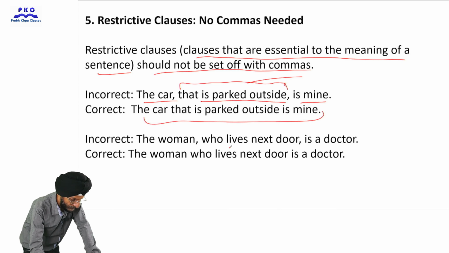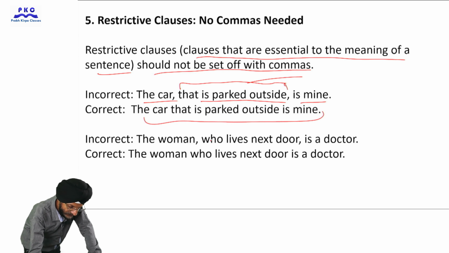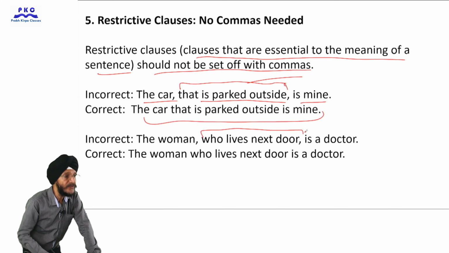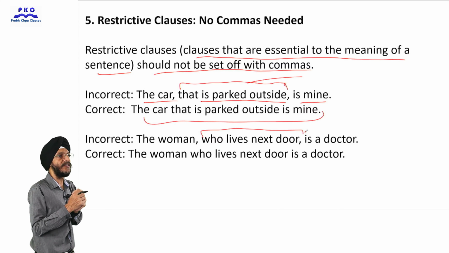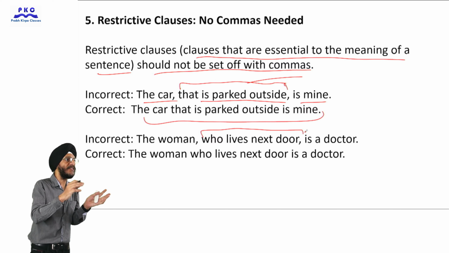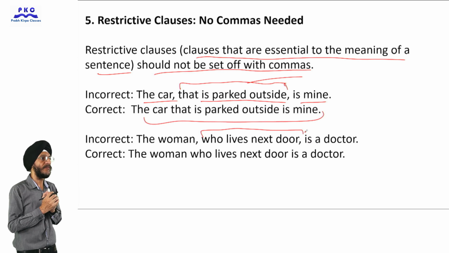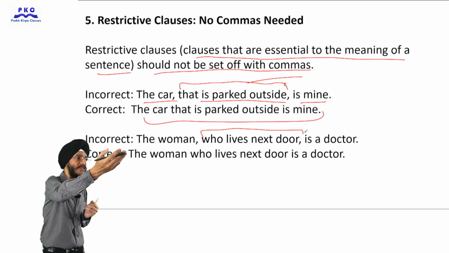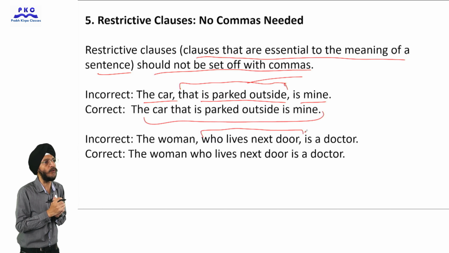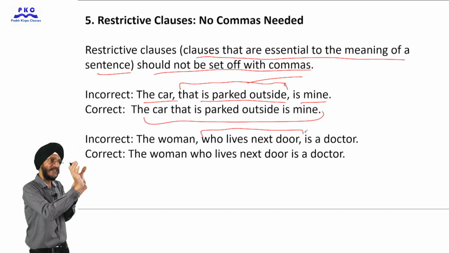The woman who lives next door is a doctor. Who lives next door is a restrictive clause, essential to understand the meaning of the sentence. If we simply say the woman is a doctor, which woman? The woman who lives next door. So who lives next door is essential.